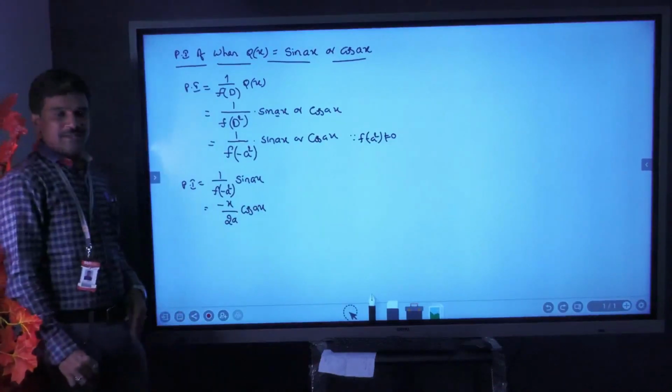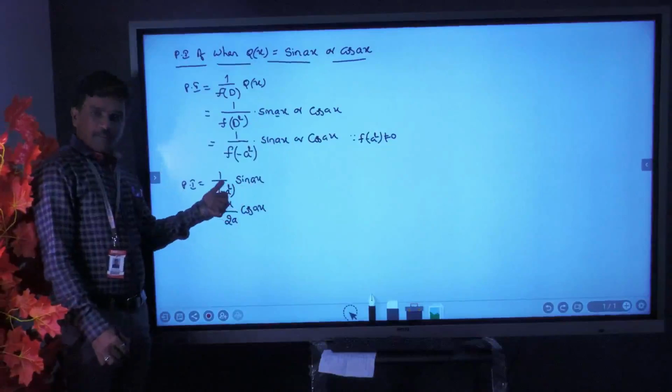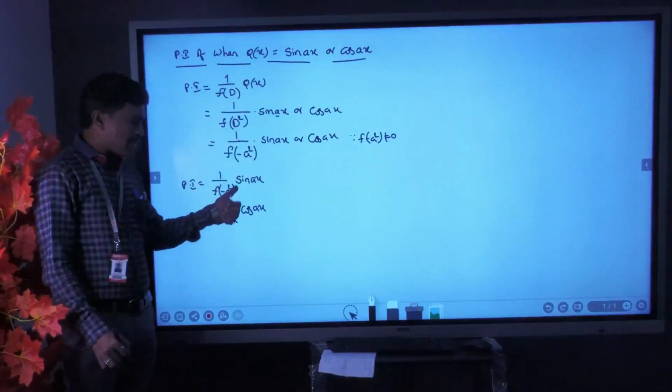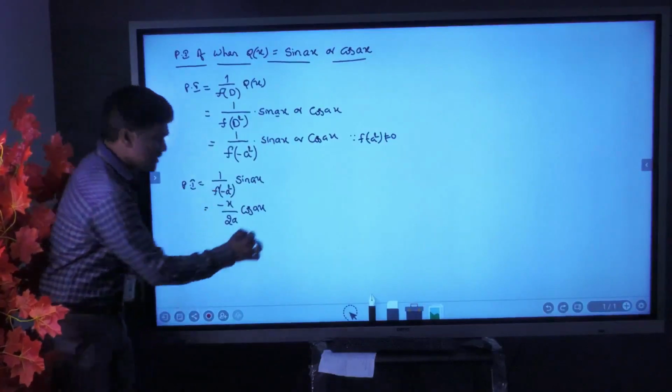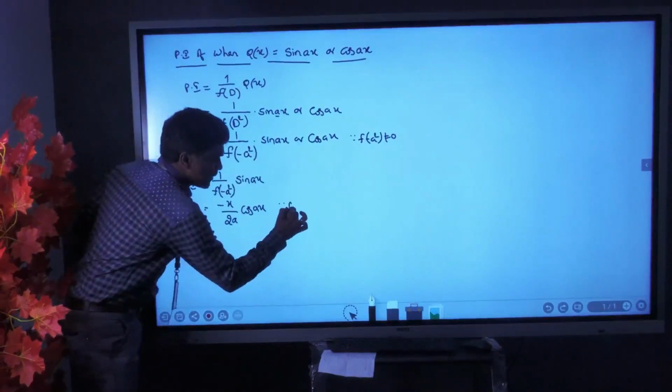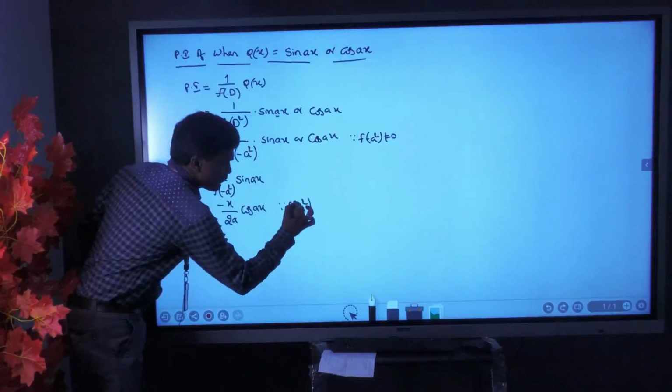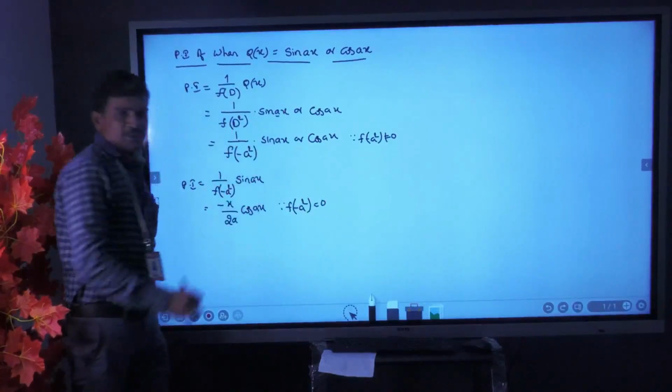So when PI is 1 by f of minus a square into sin ax and the denominator is 0, f of minus a square is equal to 0.